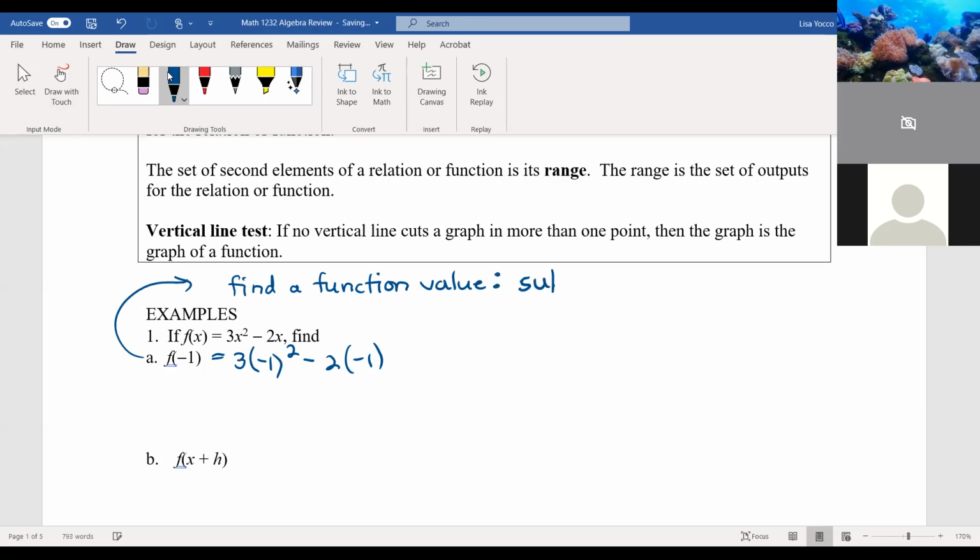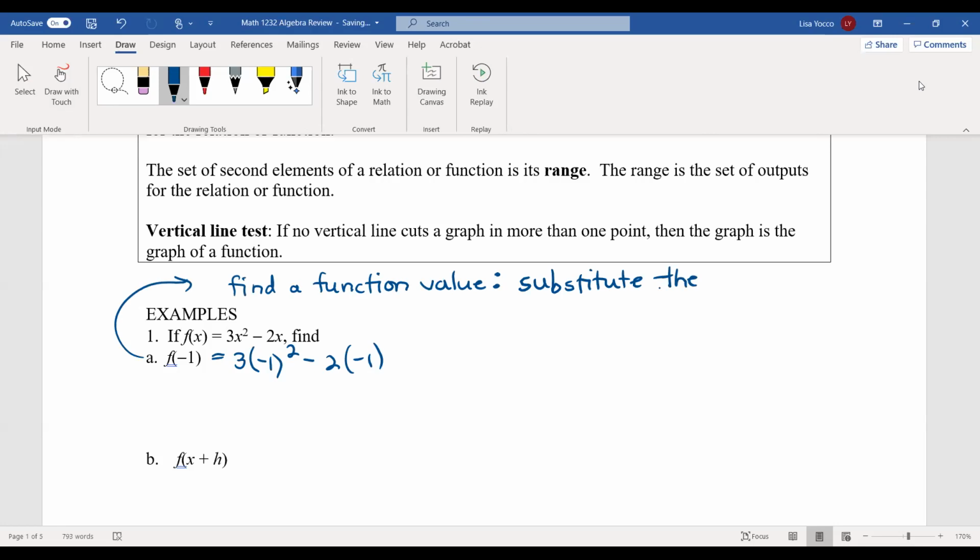That involves substituting the number, or as you look right down at part B, it doesn't have to be a number. It could be an expression, a variable. So you substitute the number or the expression for x in the function rule.